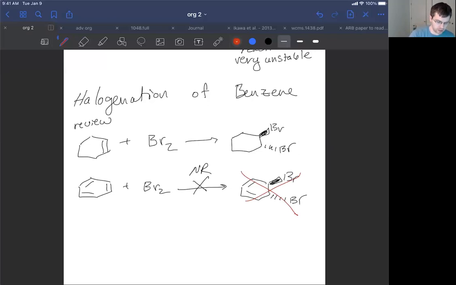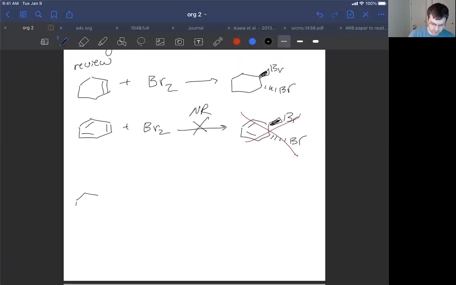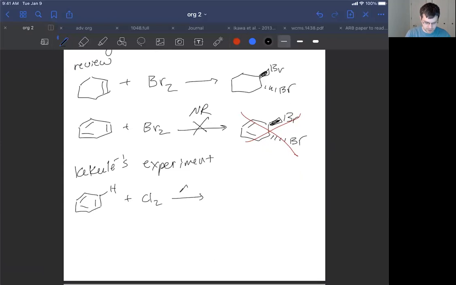If you recall, when Kekulé did some experiments on benzene when he was trying to deduce the structure, he would take benzene and react it with Cl2 with lots of heat, and he would, for the most part, get benzene plus some trace monochlorinated product, but he wouldn't get a ton.